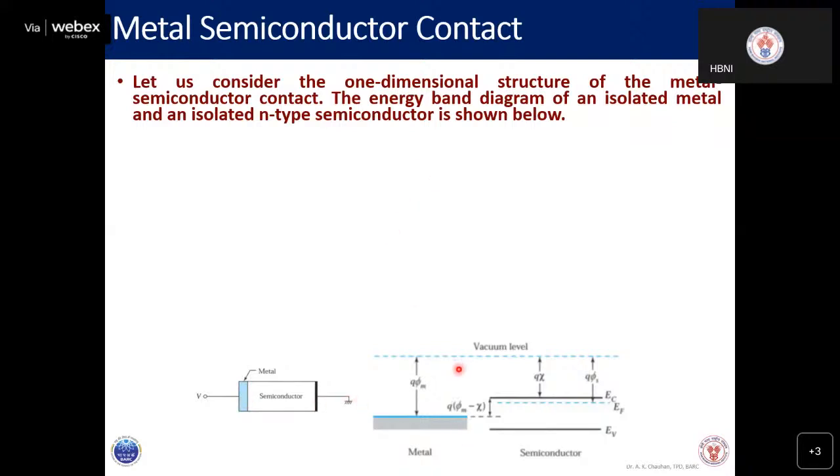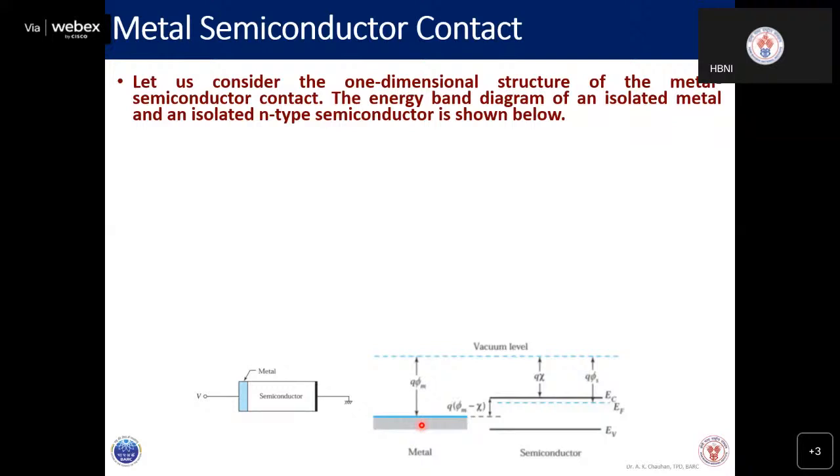So if we see the band diagram, now metal, as we saw earlier, the Fermi level is the highest occupied level. It can either have an overlapping valence band and conduction band, or it may be half filled.